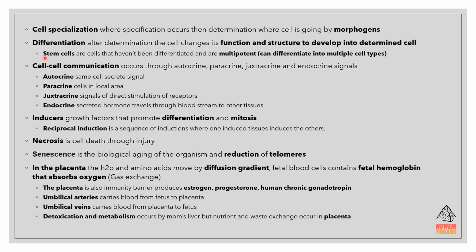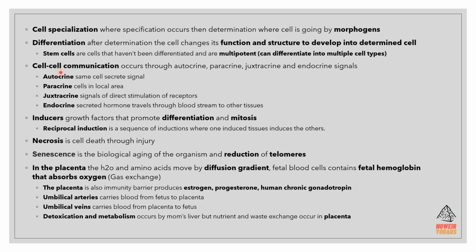So differentiation occurs after determination, it's like where we're gonna send the cell. All right, so differentiation makes it different from the others, changes function and structure to develop into a specific cell, or into a determined cell. So this specific cell will do this specific type of job.